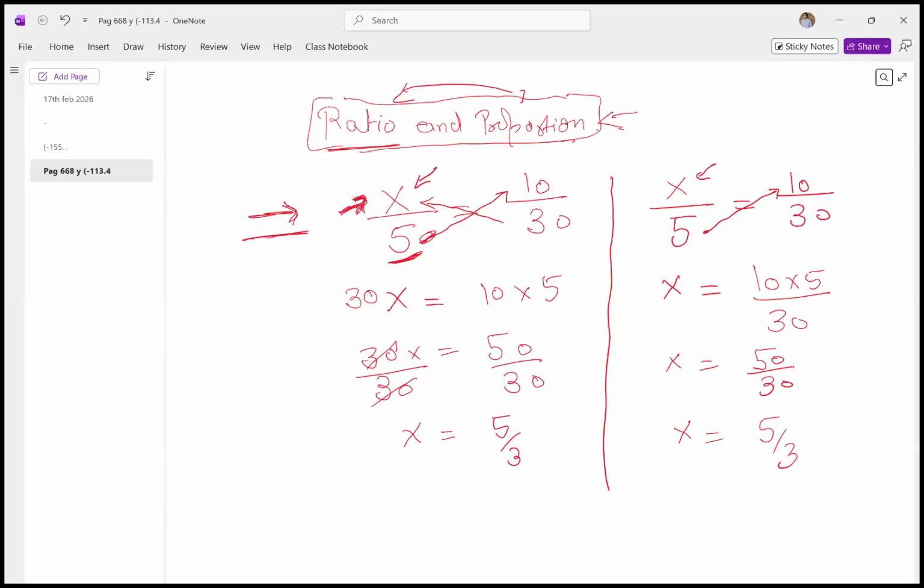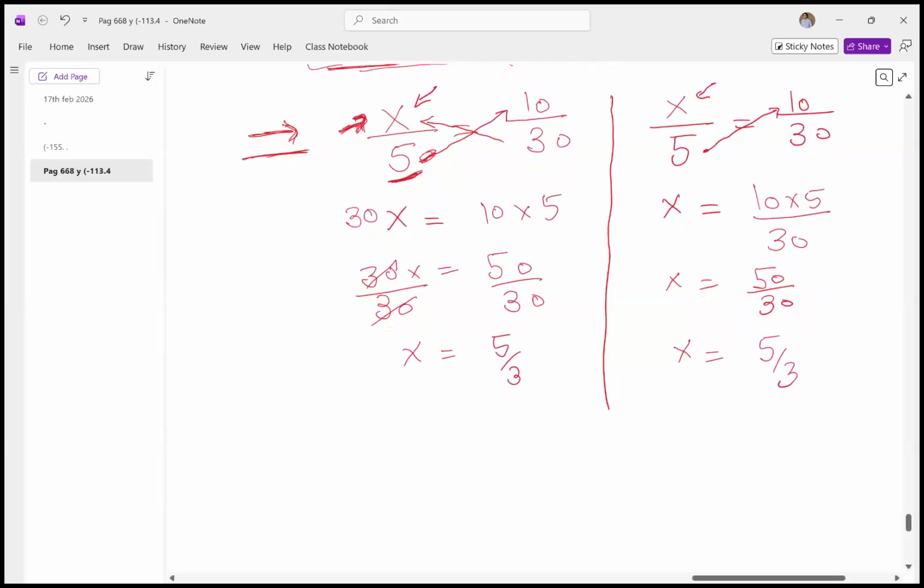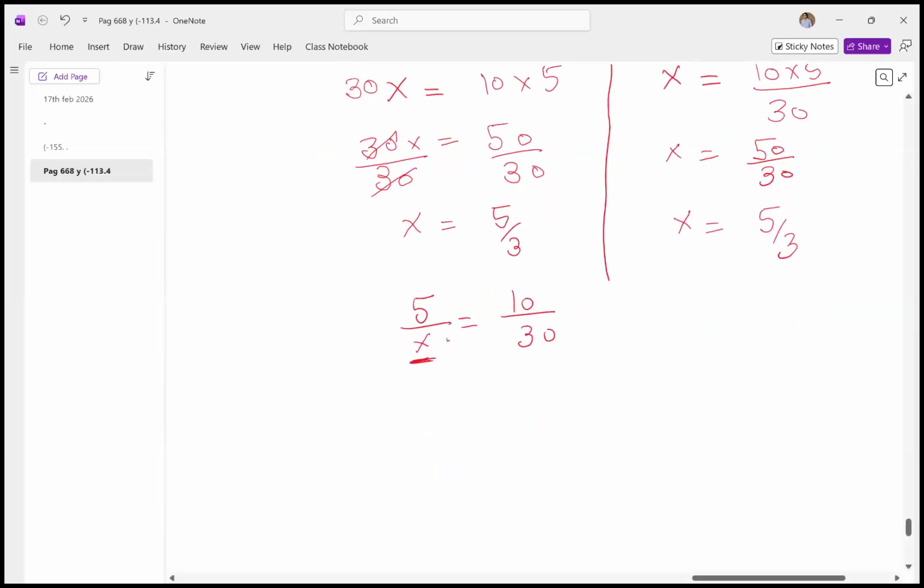Now I'm going to flip the question a little bit. So if I write it as 5 over x equal to 10 over 30. In this case, x is on the bottom. If x is on the bottom, I must make sure x comes on top. To bring it on top, I have to cross multiply, and this goes in this direction, this goes in this direction.